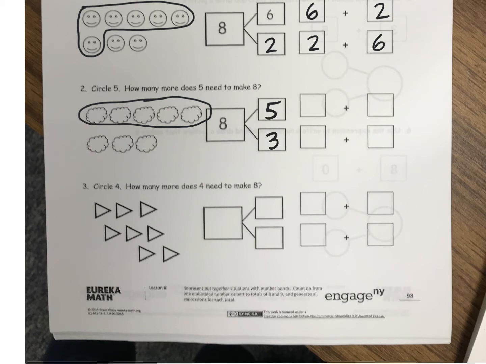Raise your hand if you have my addition expression. Hadley, what's my addition expression for that one? 2 plus 3. Do you agree with Hadley? No, let's try again. What are my 2 parts? 3 plus 2. Well, my 2 parts right here, what are they?